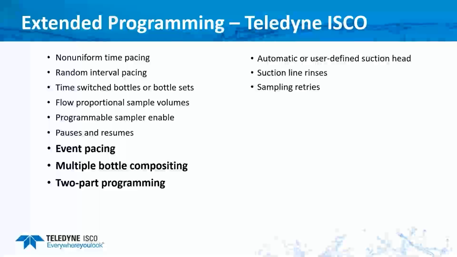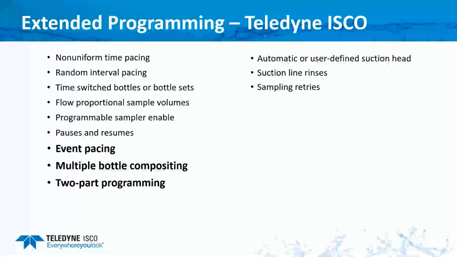We can tell the unit we want to take 96 samples over a 24-hour day at random intervals between samples, so the sampler itself will decide when it wants to collect those samples, but it will divvy it up so that at the end of the day, or whatever interval you've decided to sample over, you collect the number of samples that you desire.